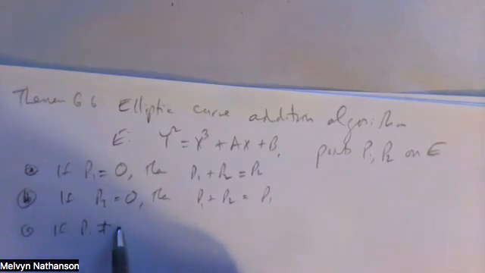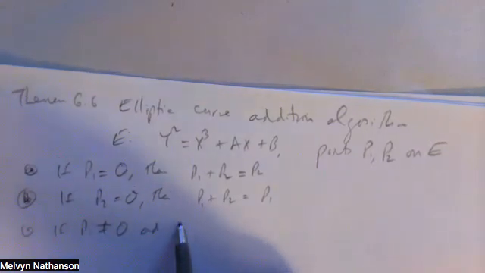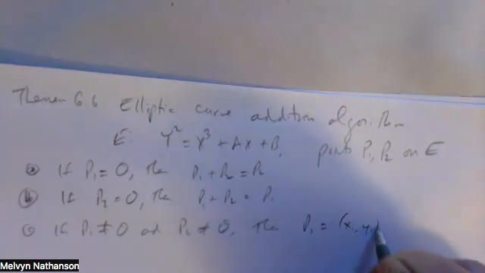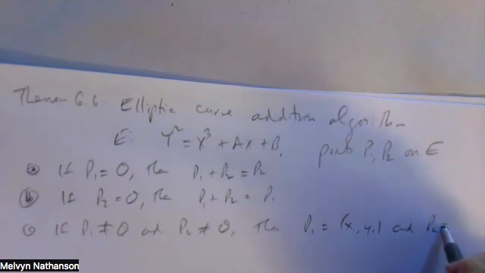If P1 is not the point at infinity and P2 is not the point at infinity, then they have coordinates. You can write P1 as x1, y1, and P2 as x2, y2. You can only do this if P1 and P2 are not the point at infinity, which is all the points except the point at infinity.